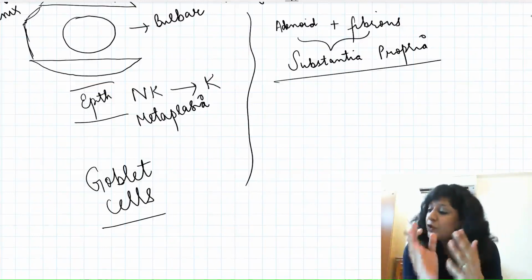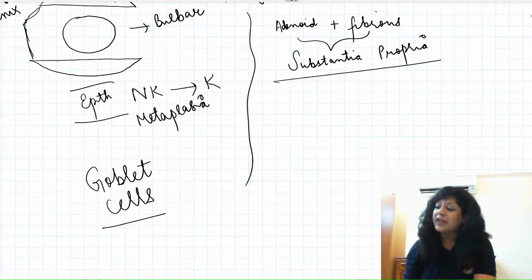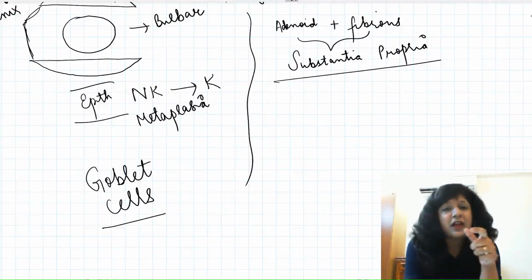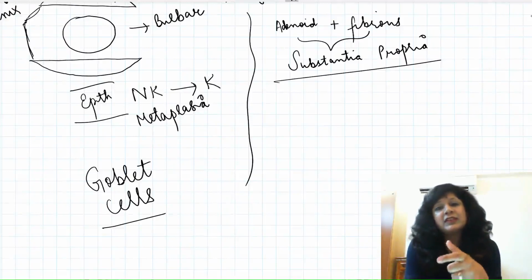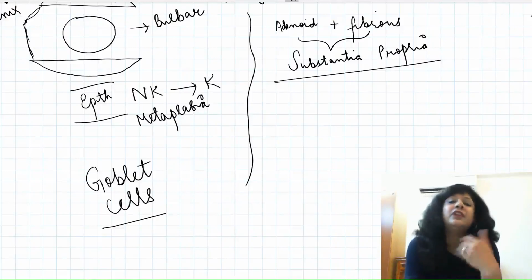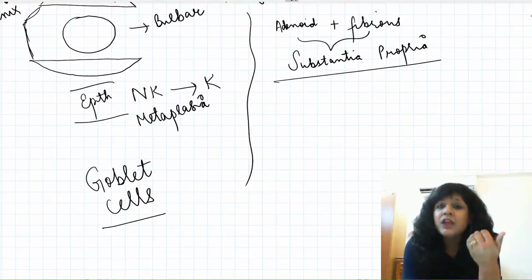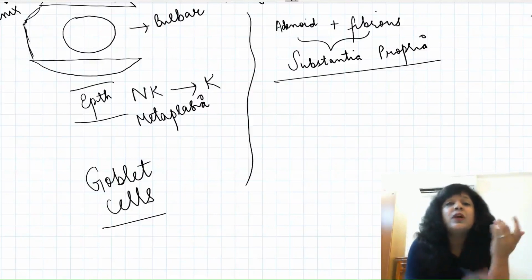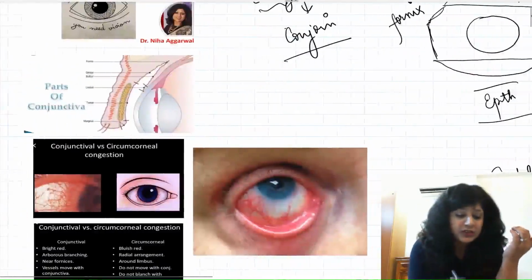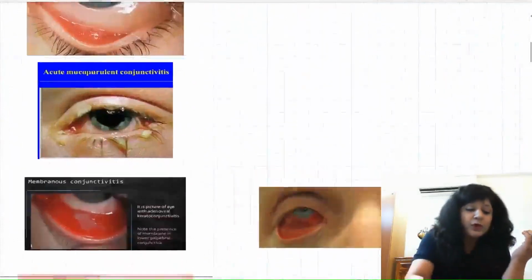Okay, now if you look here, this is the most common type of bacterial conjunctivitis. It can further be divided in terms of the discharge that you are getting. The most common is acute mucopurulent discharge.